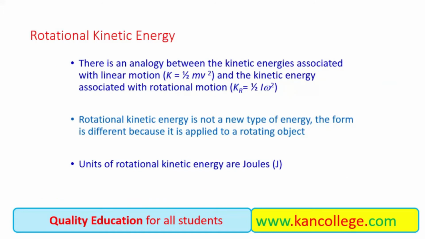There is an analogy between the kinetic energy associated with linear motion, half m v squared, and the kinetic energy associated with rotational motion. You can see there are common terms. Half is over here and half is over here. Similarly, mass is replaced with the moment of inertia and linear velocity is replaced with the angular velocity.